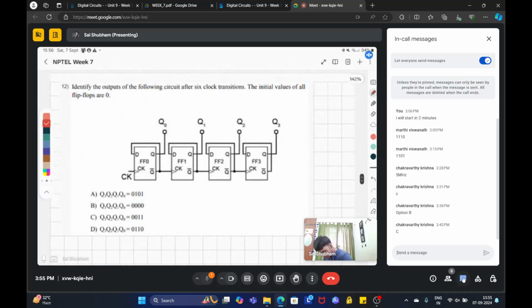Identify the outputs of the following circuit after 6 clock transitions. The initial value of the flip-flops are 0. So by initial value, they are talking about the values of Q. Okay.